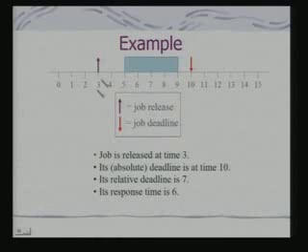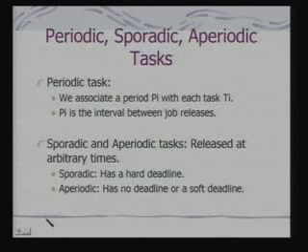So this is an example where a job comes in. This is the release time. This is where I have the job deadline, and this is the time period where the job gets executed. Okay. The OS schedules it here and it gets executed. So it has a response time which is 6, because 9 minus 3 gives you the response time. Then the tasks can be periodic.